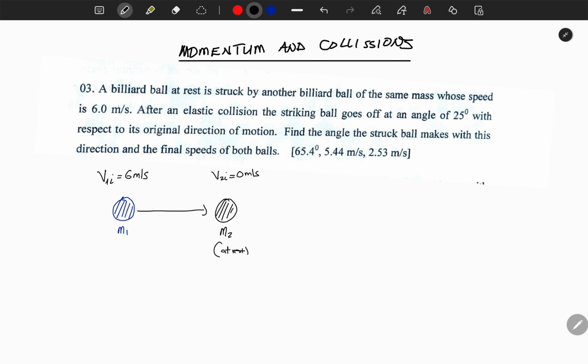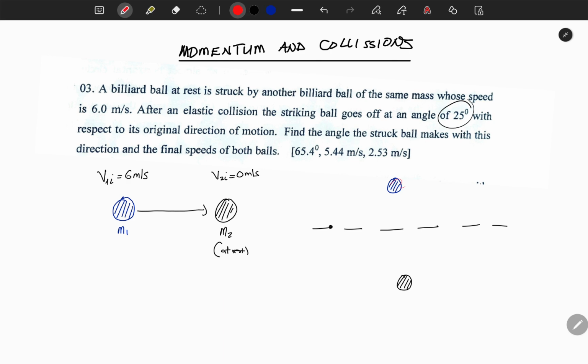Now after this one strikes this one, they go separate ways but at some angles. So let's say this is the axis. We have the blue one here, and the black one here.